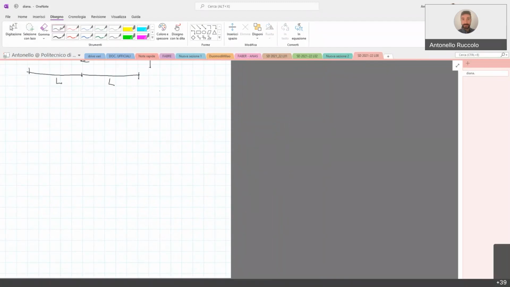we have the possibility to use the superposition principle. And what's the superposition principle aimed to? Basically, in the first method, we wanted to impose compatibility.